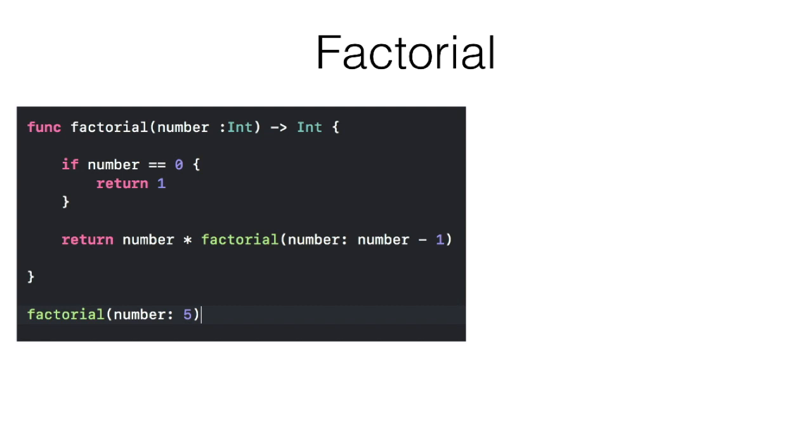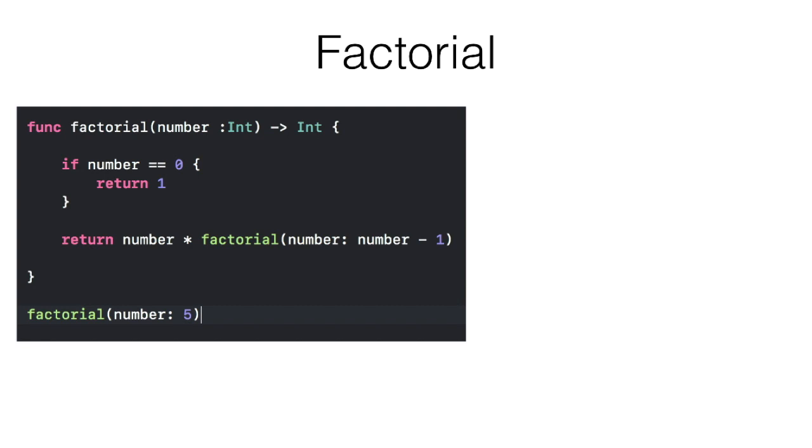So a factorial of 5 is 5 multiplied by 4 multiplied by 3 multiplied by 2 multiplied by 1. A factorial of 3 is 3 multiplied by 2 multiplied by 1. All right? Okay. So let's see how we can create a factorial application using recursion.